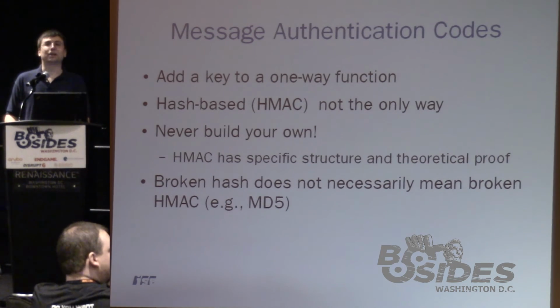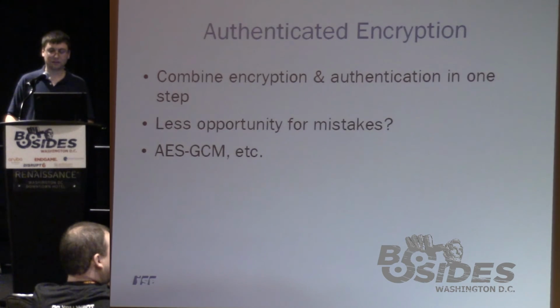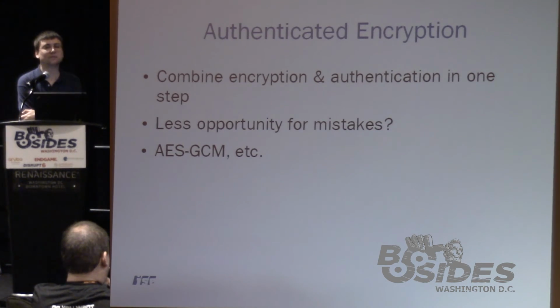So as you look at that problem, what if you could encrypt something and authenticate it in one step that's difficult to do incorrectly? That's the idea behind authenticated encryption. There's less opportunity for mistakes if the encryption process is a black box API to the developer. This is the mindset behind AES GCM, or Galois counter mode, in addition to some others that are less popular.